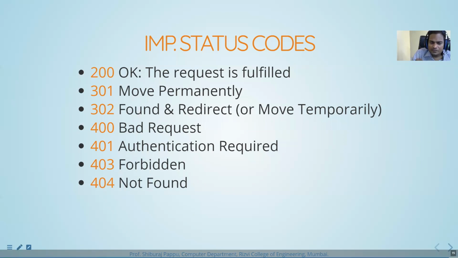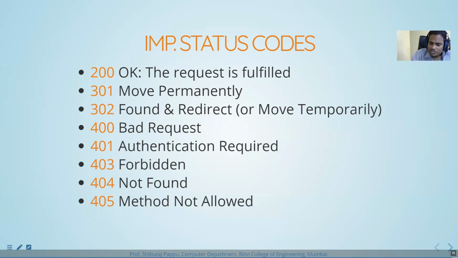That means if you try to access a page which is not there on the server, then you will get a 404 error. 405, now this is very important. If you go for REST APIs, let's suppose you have created a page which can only be accessed using the post method, but you are trying to access it with the get, put or delete method, then you will get an error called 405.